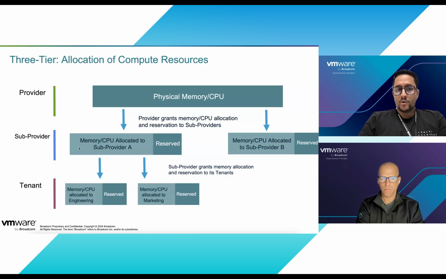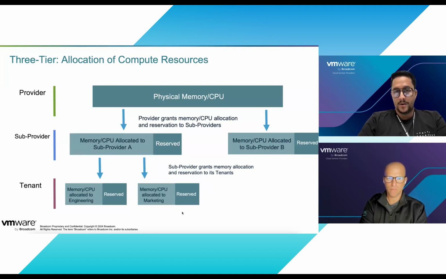Now, if you look at the second box here under sub provider, the sub provider has this entire box of resources for them. This sub provider has onboarded two tenants, but before onboarding two tenants, they have reserved certain compute power and they have allocated the remaining compute power to their two tenants. So that's how the allocations of the resources happen.